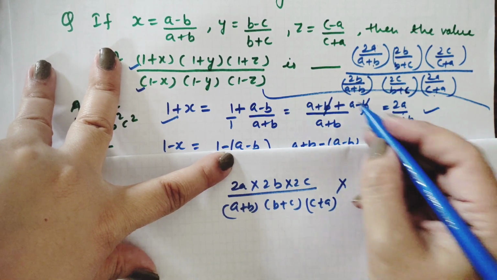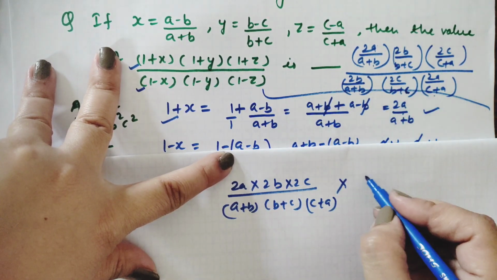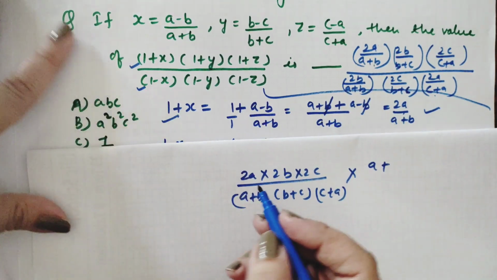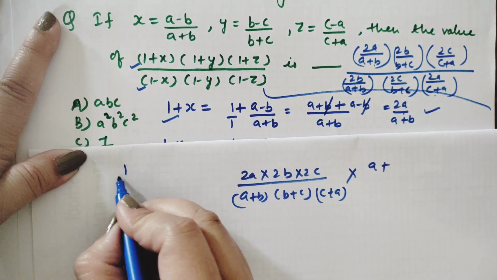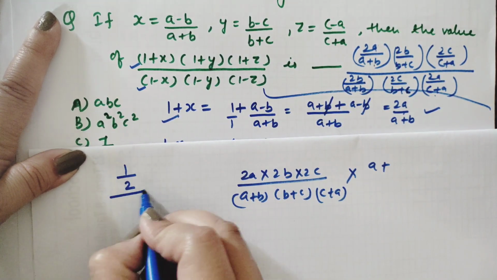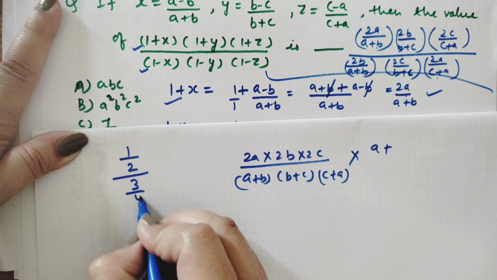So how to get it? The (a plus b), (b plus c), (c plus a) go up. You know the method: if the numerator is 1 by 2 and the denominator is 3 by 4, what will you do?